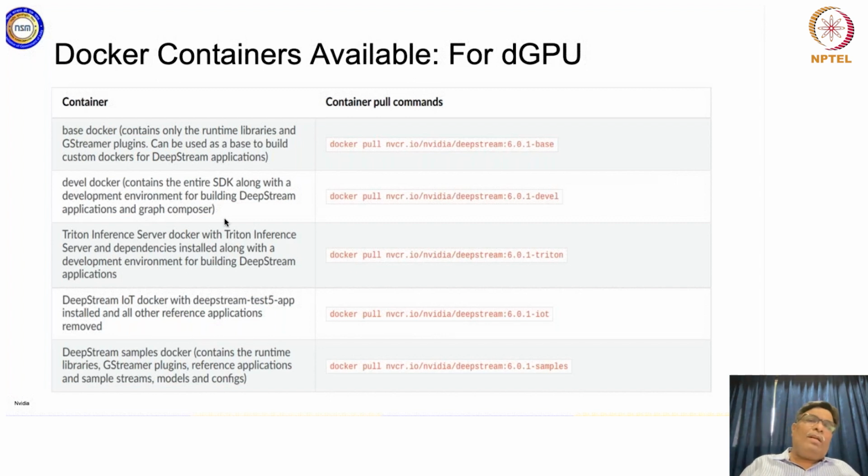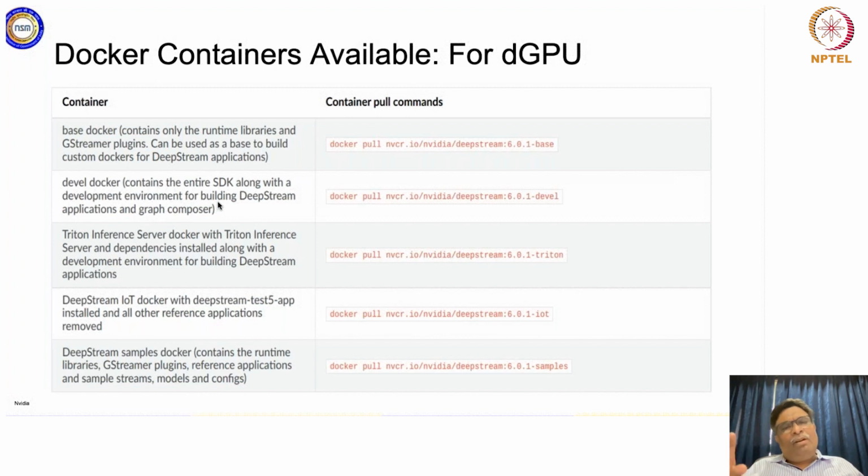Now these Docker containers: there will be base container, there will be development, there will be Triton, there will be IoT, and there will be samples. Each of these containers will have some specific things. For example, the base Docker could be used to build custom Dockers for DeepStream applications. The development Docker will give you the Graph Composer.